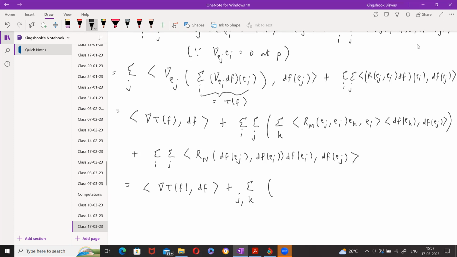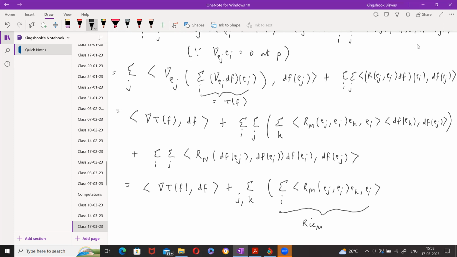So when I sum over I here, this inner product RM, EJ, EI, EK, EI, this sum over I is exactly the Ricci curvature of EJ, EK, right?